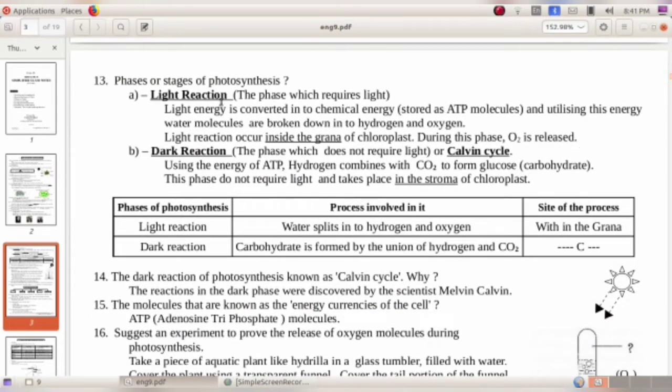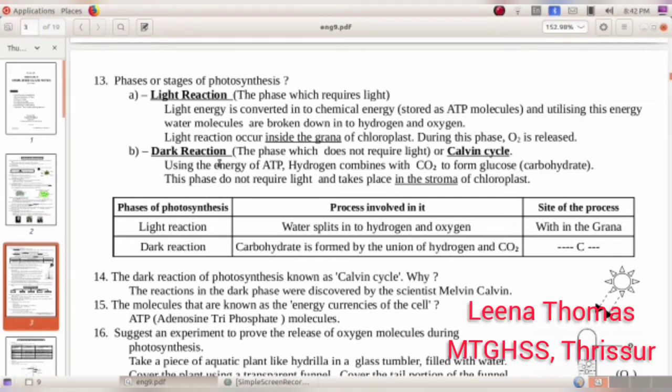Then we already studied that photosynthesis has two phases. One is light reaction and the second one is dark reaction. Light reaction requires light and dark reaction does not require light. In light reaction, light energy is converted to chemical energy and stored as ATP molecules.